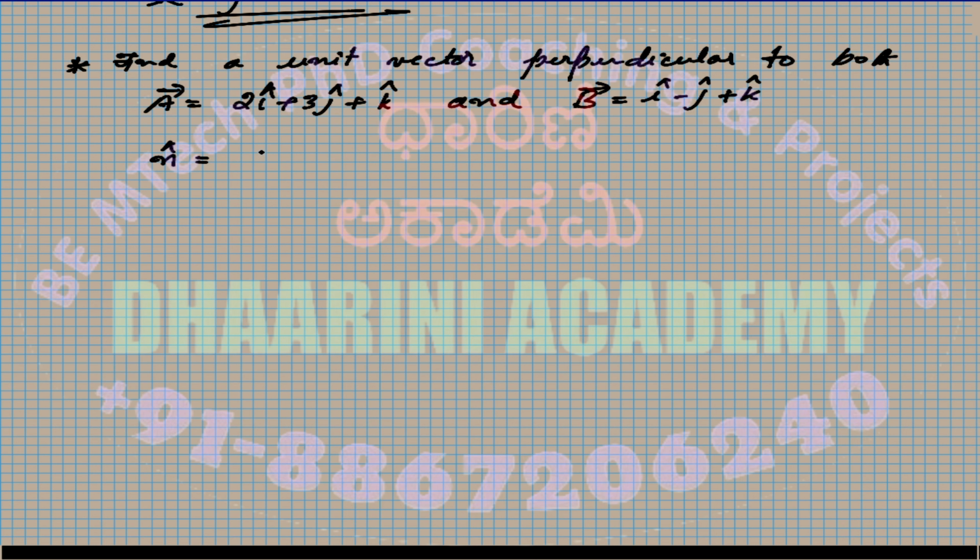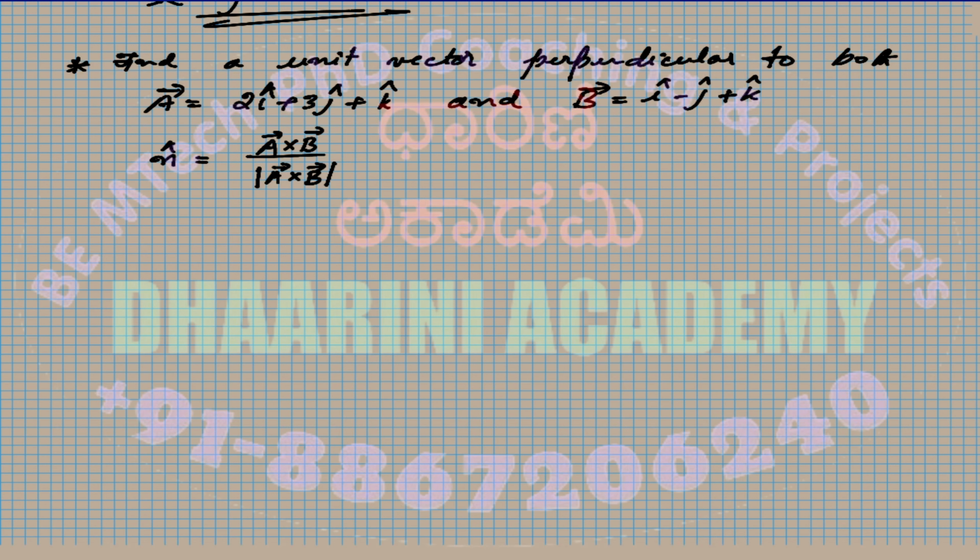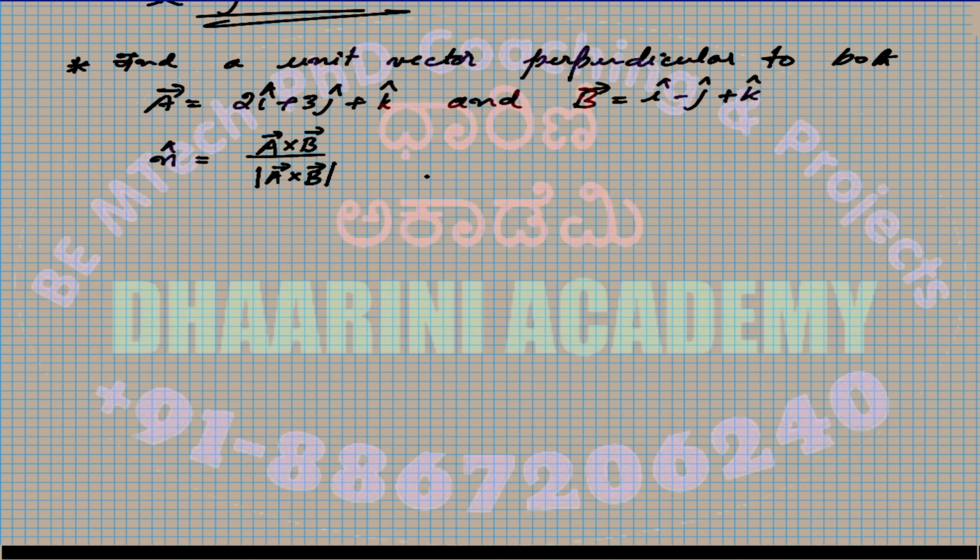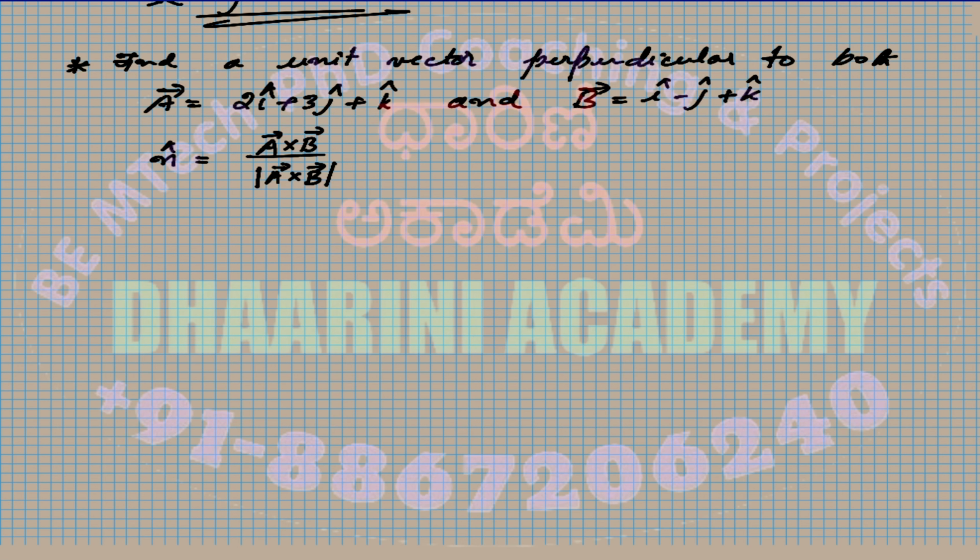So the vector is A cross B, divided by its magnitude, the magnitude of vector A cross vector B. That is the unit vector n cap that we want to find. So let us start this way. First let's find A cross B.